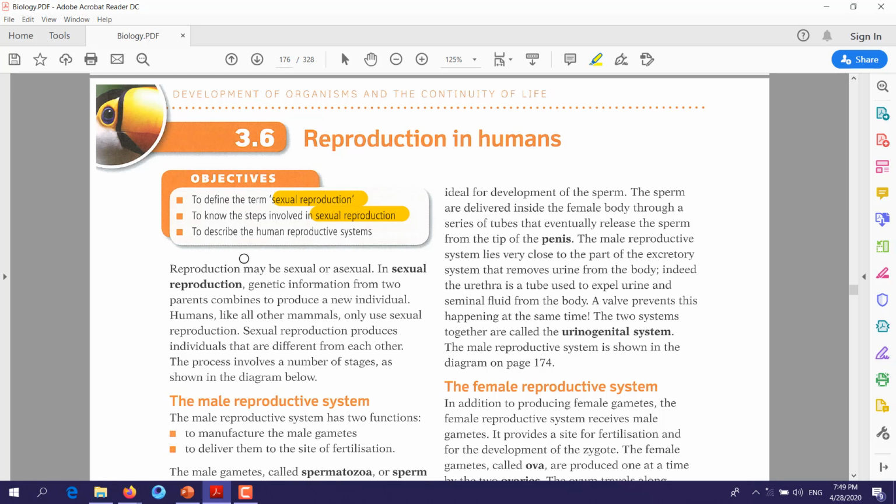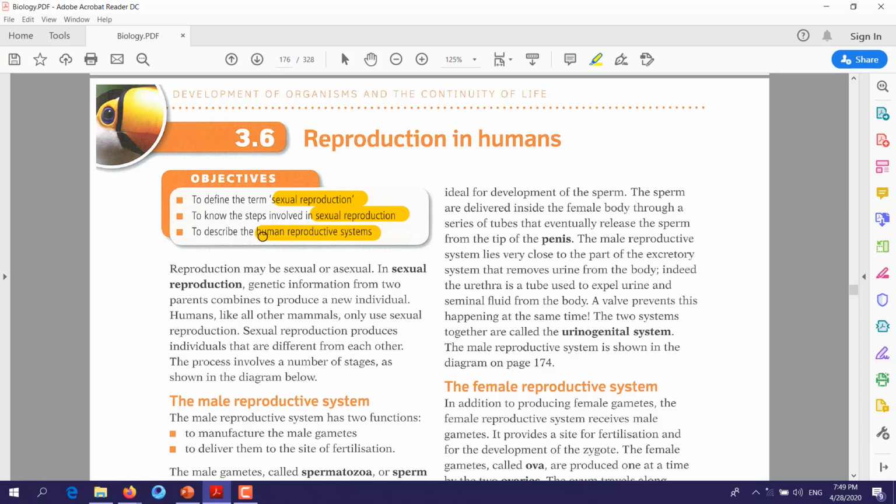Then you should be able to describe the human reproductive systems, because we are talking about sexual reproduction. So we will talk about the male and female reproductive organs. We will see what the parts of each system are, and what the function of each part is.